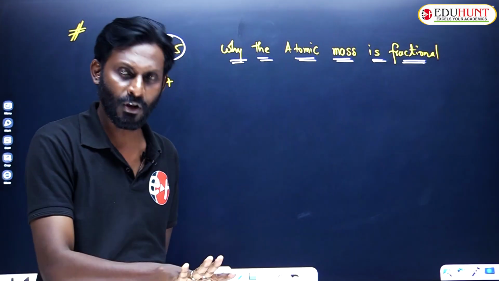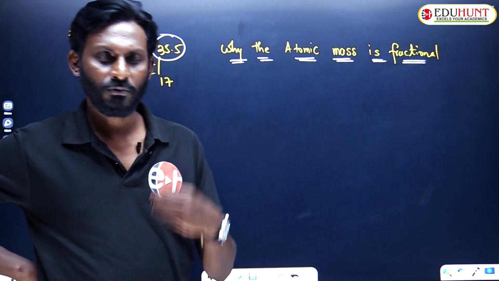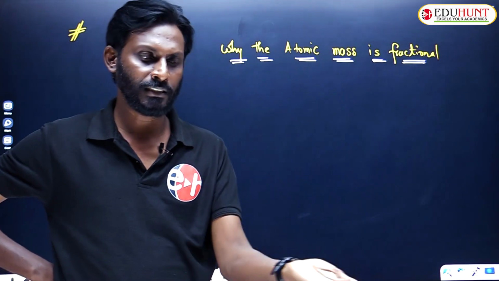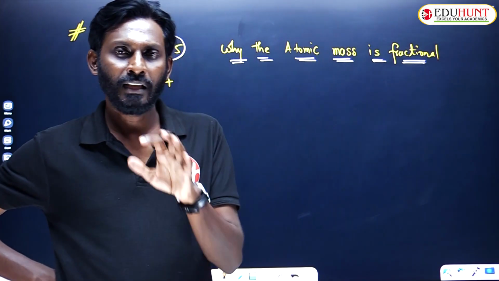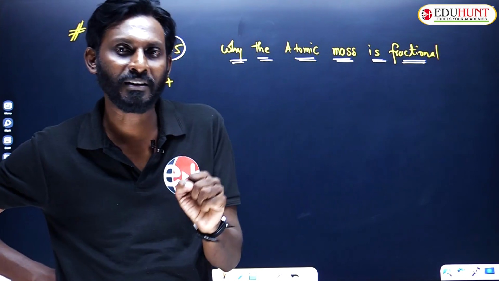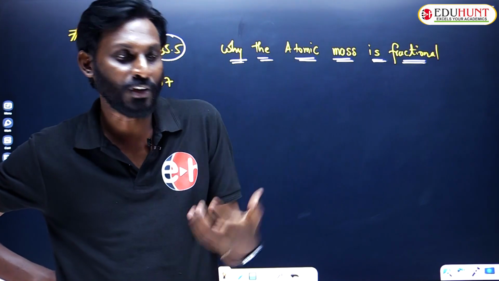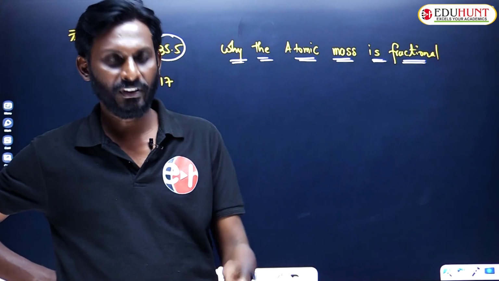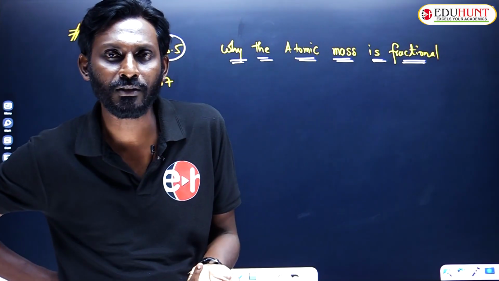Proton number can be 1 or 2 or 3 or 30 or 35 or 36 or 37, but 35.5 can't be. There is no half proton, no half neutron, no 3/4 of a proton. The neutron number is also like that only.